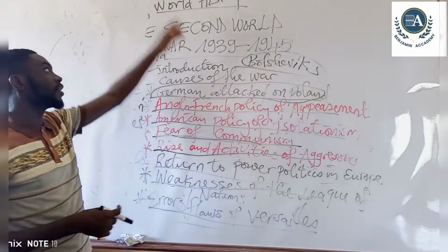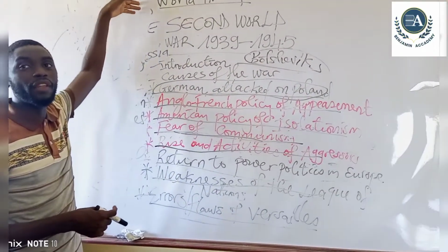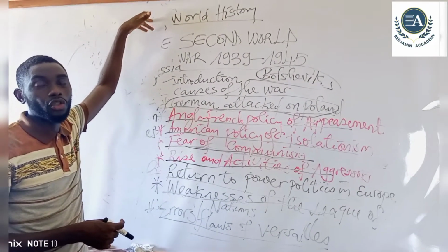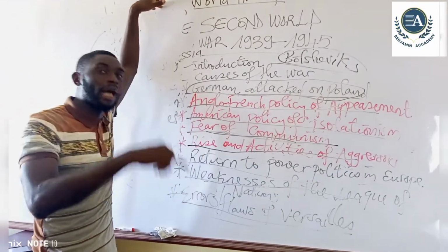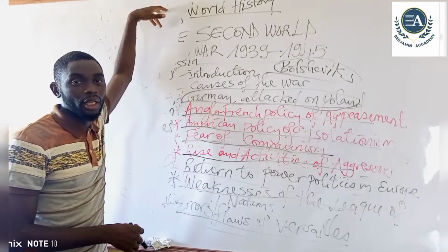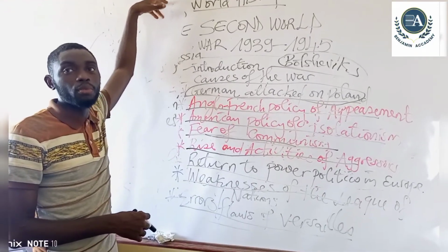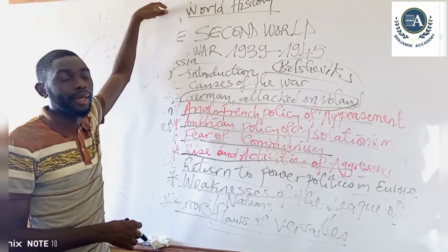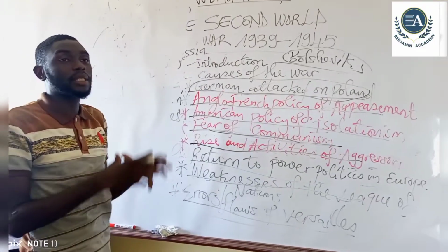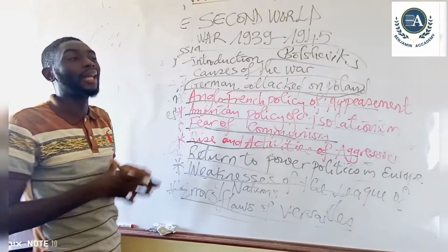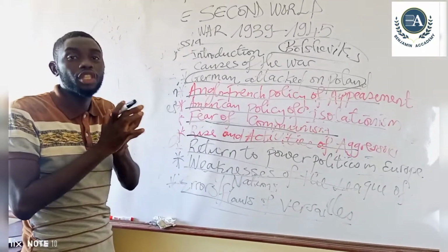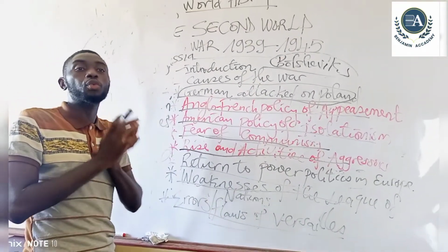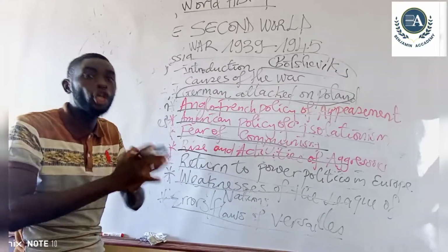We have the Treaty of Versailles signed against Germany, the Treaty of Saint-Germain against Austria, the Treaties of Sèvres and Lausanne against Turkey, the Treaty of Neuilly against Bulgaria, and the Treaty of Trianon against Hungary. All these treaties had their own weaknesses, especially the Treaty of Versailles, signed on the 28th of June 1919, which was too harsh and unjust to Germany.